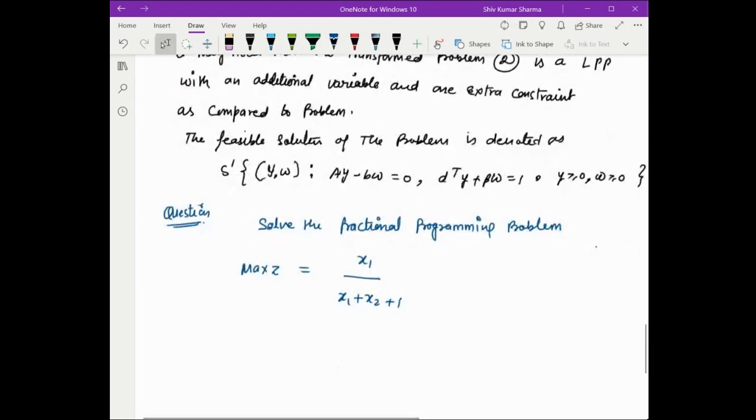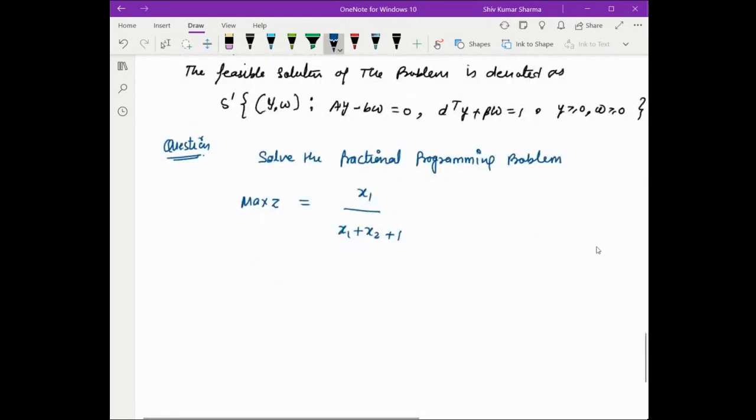This is our objective function, and the constraints are given: x1 plus x2 less than or equal to 1, and x1 plus 2x2 also less than or equal to 1, and x1, x2 both greater than or equal to 0.